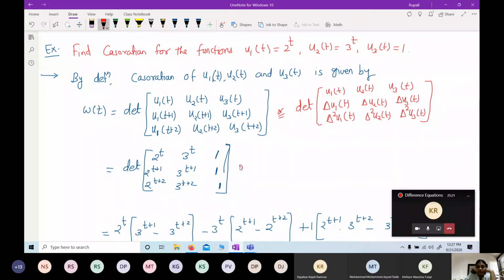So what will this be then? Determinant of, what is u1t? u1t is 2 raised to t, 3 raised to t, and 1.